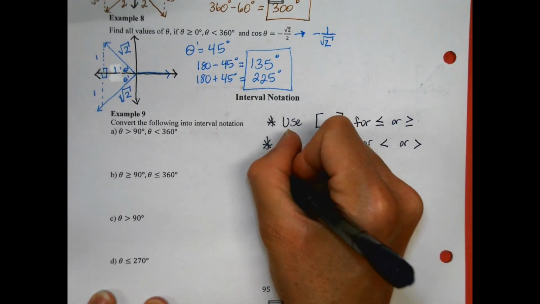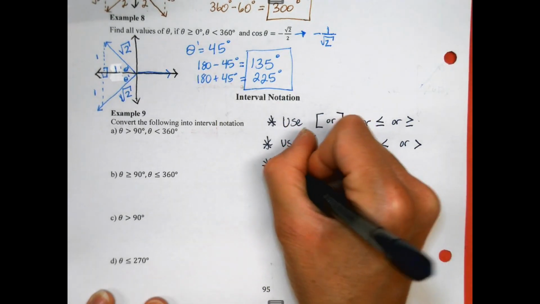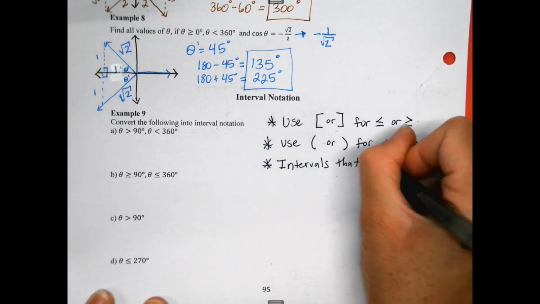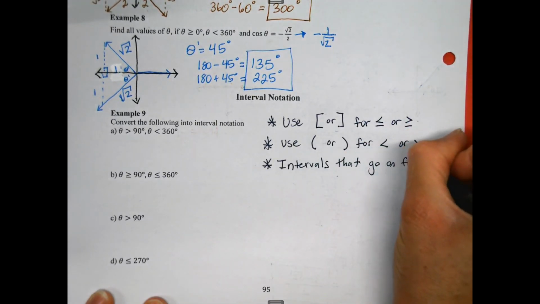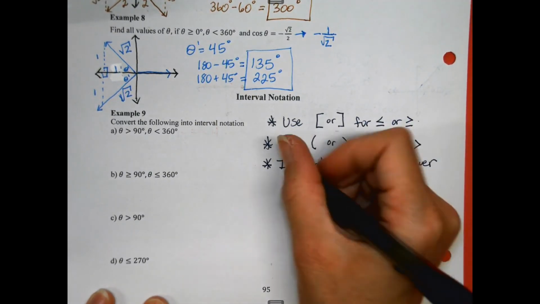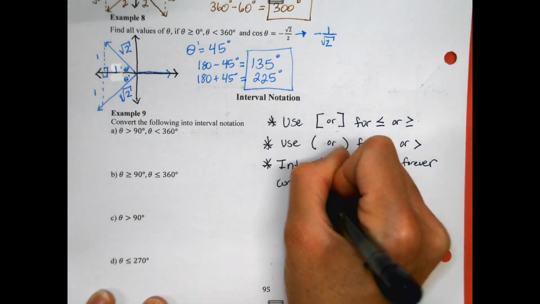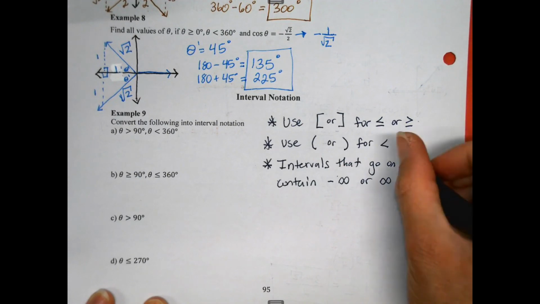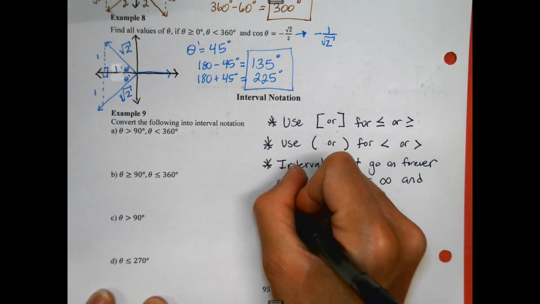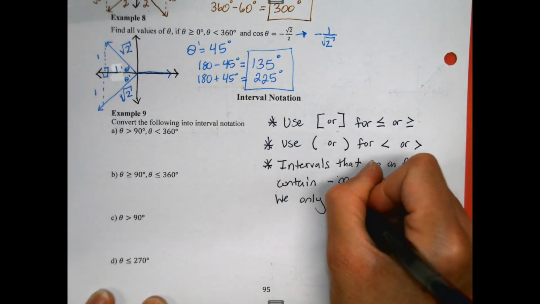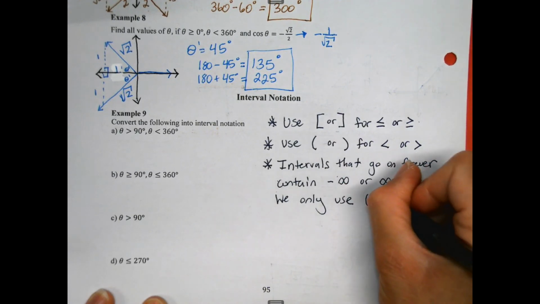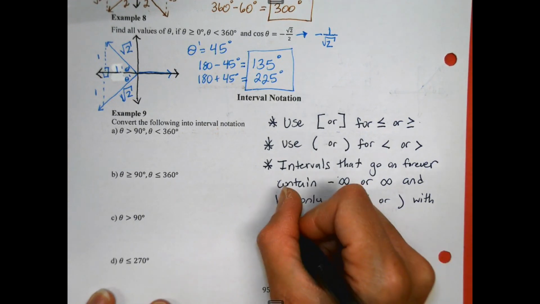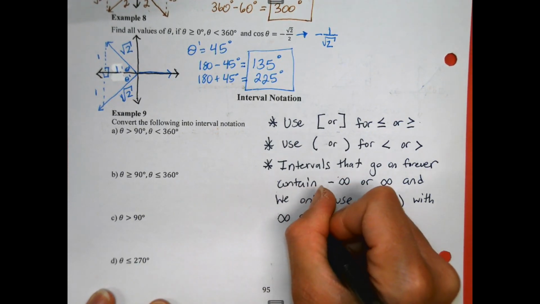And then intervals that go on forever are going to contain either negative infinity or positive infinity. And we only use parentheses with an infinity sign.